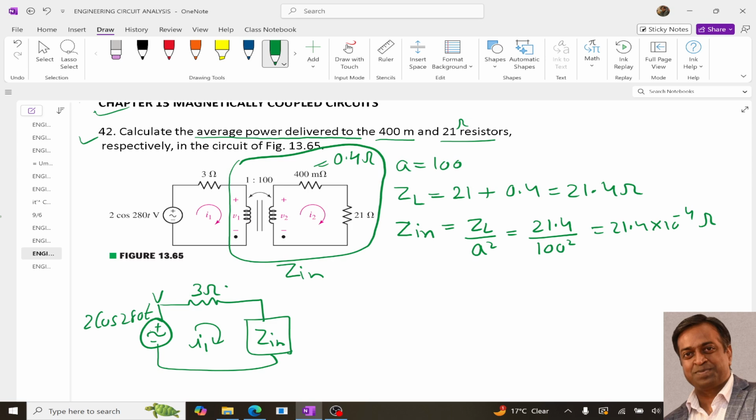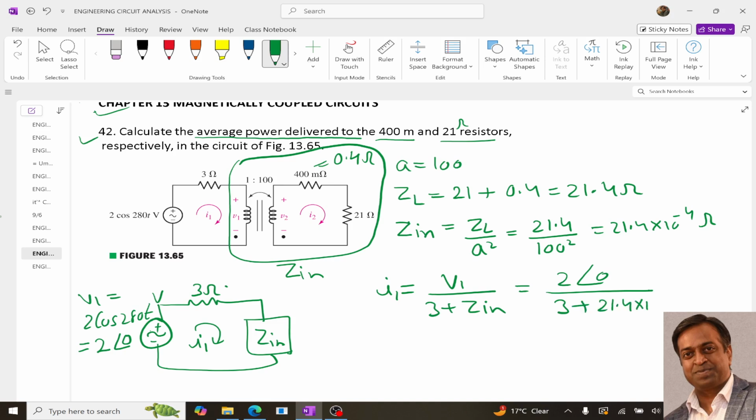Before that, we can convert this voltage, V1, into phasor form, 2 angle 0. So our V1 is 2 angle 0. We can now determine the current I1 as V1 upon the total impedance, which is 3 plus Zn. V1 is 2 angle 0 and Zn is 21.4 times 10 to the power minus 4.